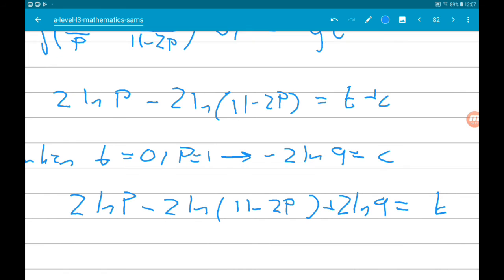Now we want the population to double, so that means we now want p is equal to 2.